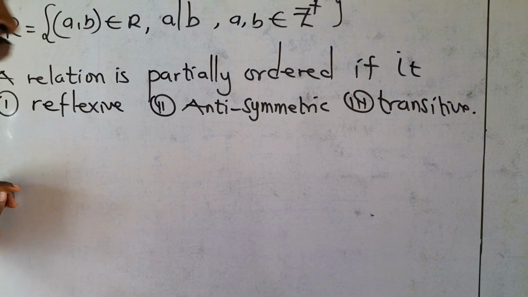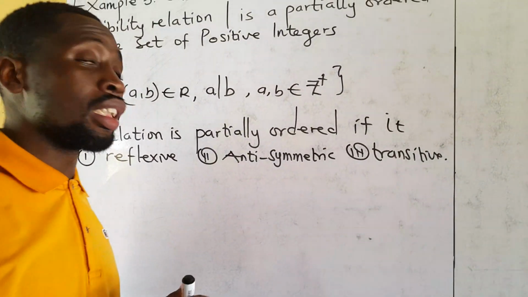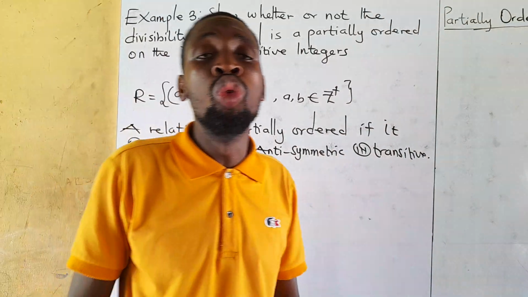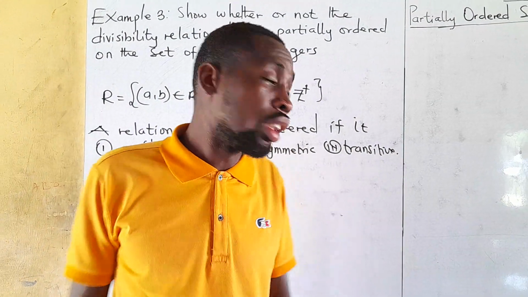I hope you get that. So the first one, we need to find out whether our relation here satisfies all the three properties. If it does, then we can say it is partially ordered.